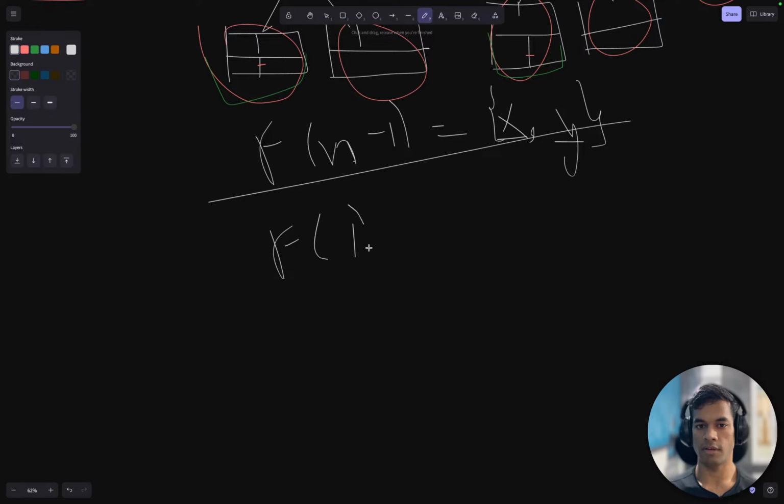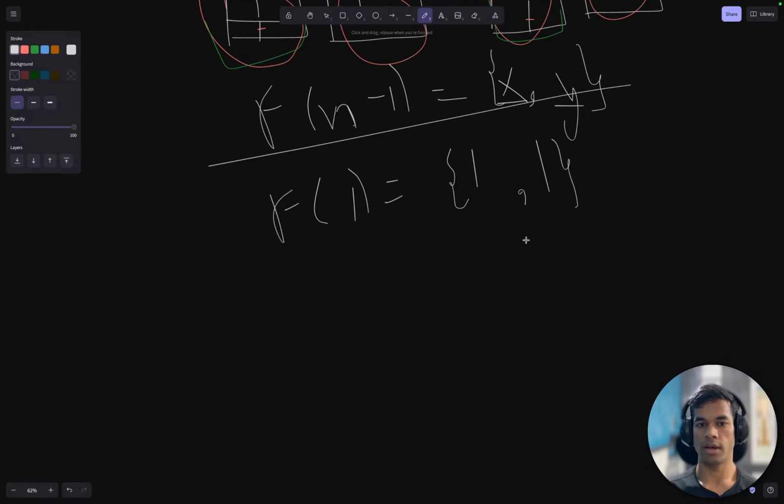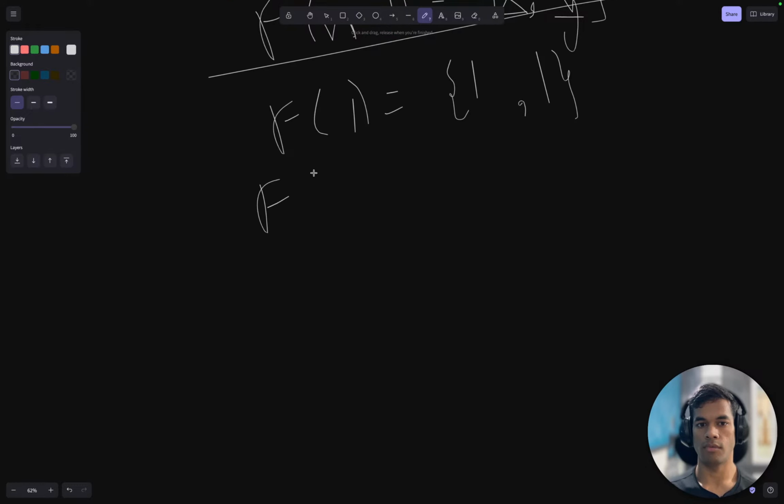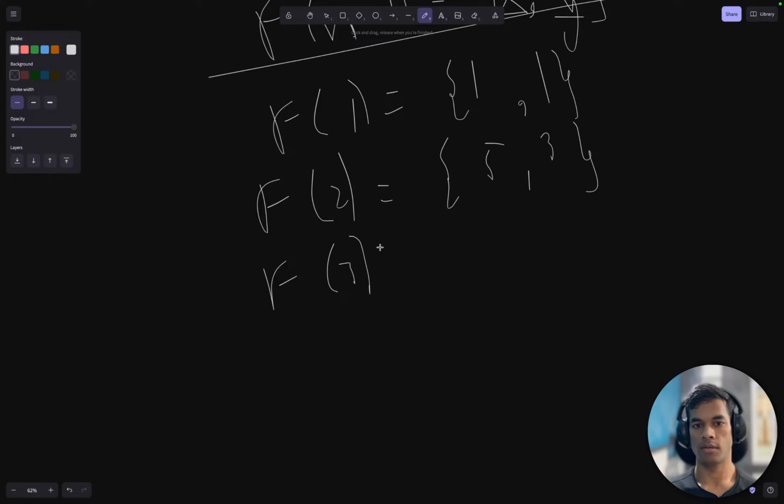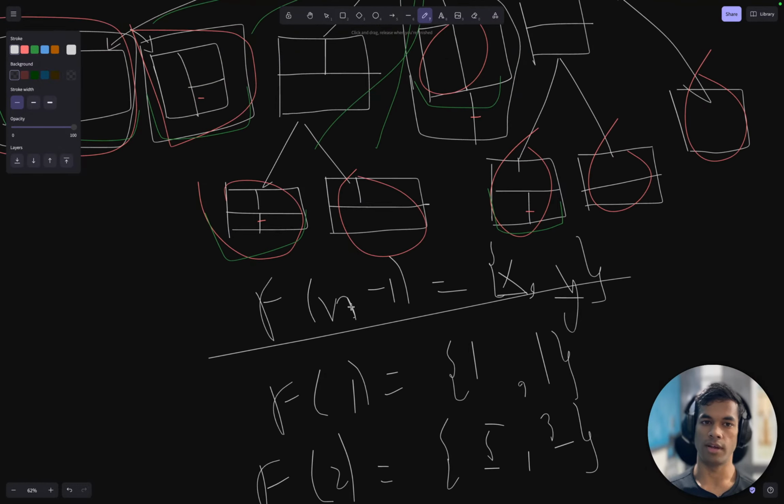And in that case, f1 would return 1 comma 1, and we can say then f2 is going to have 5 comma 3, and then f3, yes, 5 possibilities have a vertical line, right? Yes.